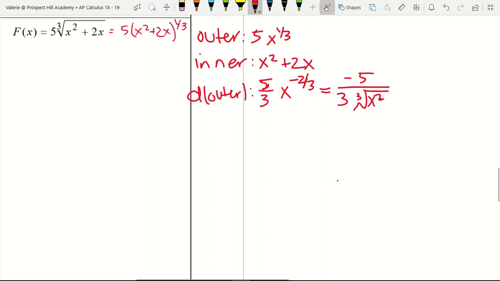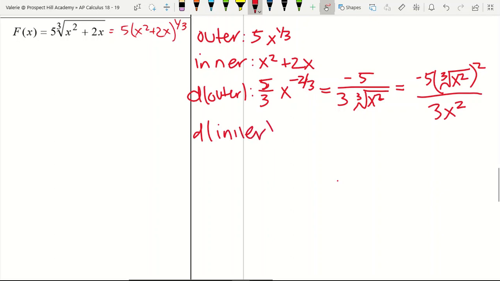Which I can rewrite once more as negative 5 cubed root of x squared over 3x squared. And the derivative of our inner function is equal to 2x plus 2.